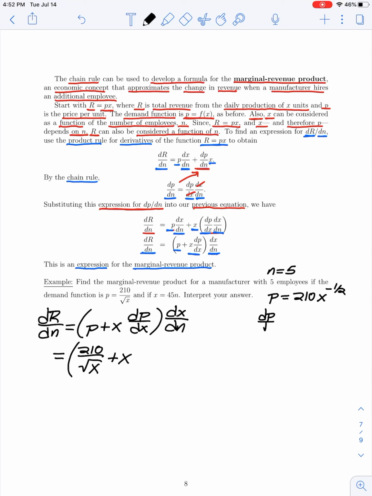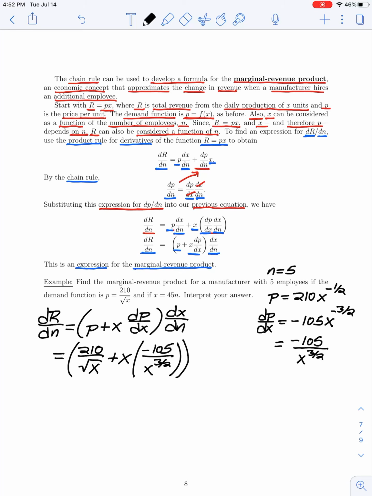So the derivative of p with respect to x, using the power rule, is negative half of 210, so negative 105, x to the negative 3/2, or if we prefer, negative 105 divided by x to the positive 3/2 power. So that gives us, for this term, negative 105 over x to the 3/2.